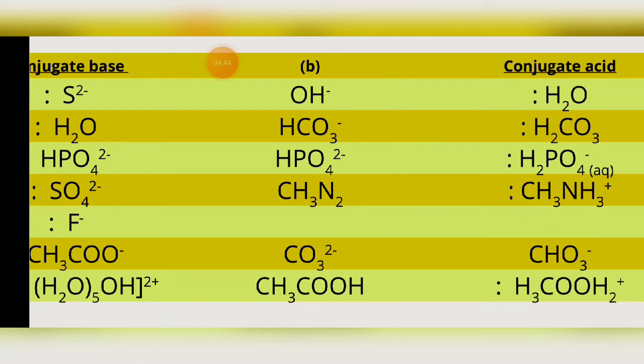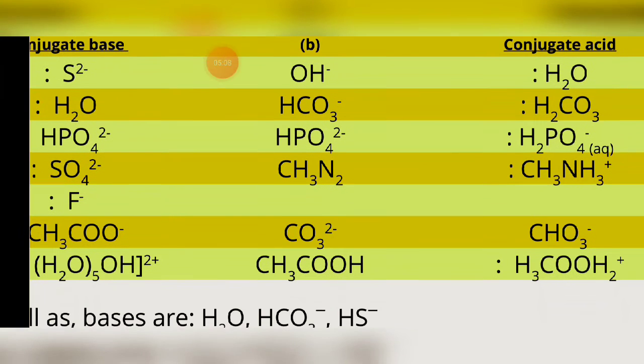Similarly, methyl nitride will convert into CH3NH3 by accepting hydrogen, and it is accepting 2 hydrogens because N2, and with N there are 3 hydrogens.